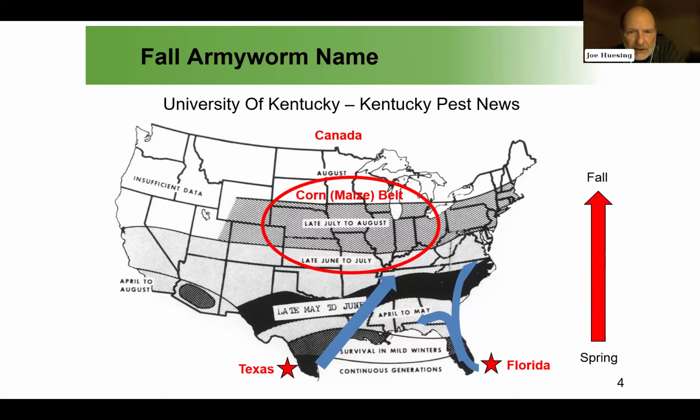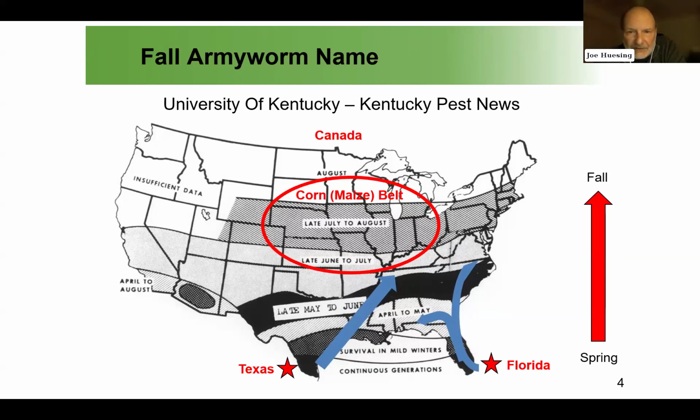Then as summer comes into North America, and corn is planted starting in April, May, late June to July, July into August, the fall armyworm will move north, and it arrives in that main corn maize belt in the fall. And so farmers started calling it the fall armyworm long ago.